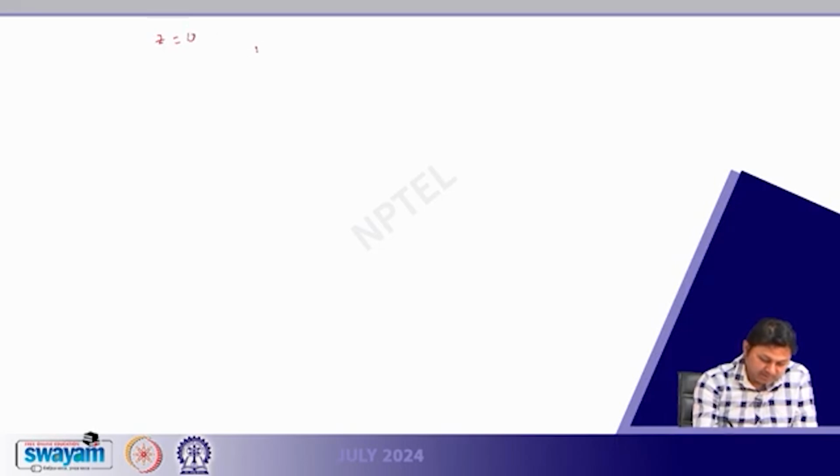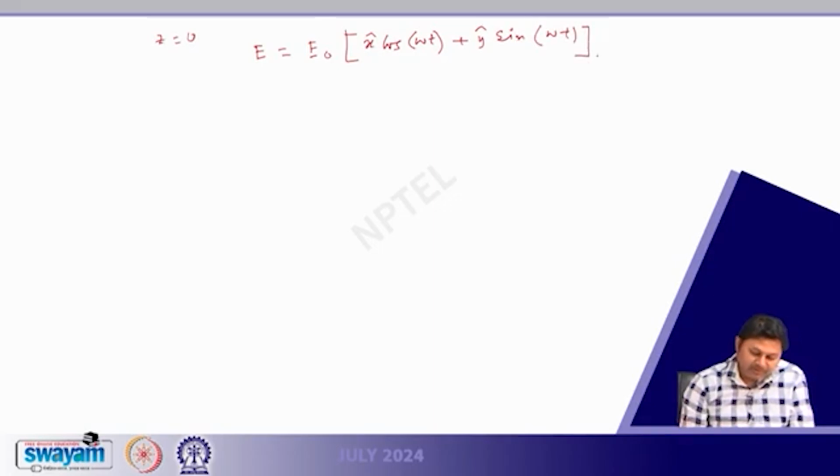With z equal to 0, the picture I had here, then E will be E naught times x cos of omega t plus y sine of omega t, because there was a negative sign, that is why this becomes positive, and it will move.